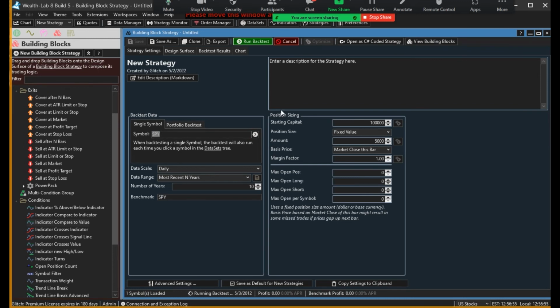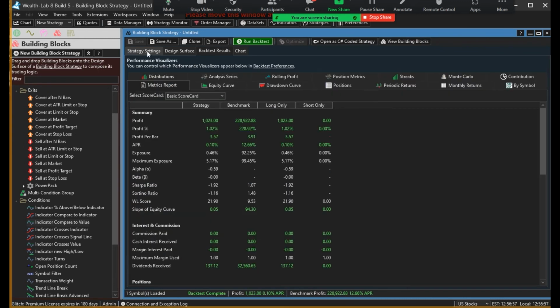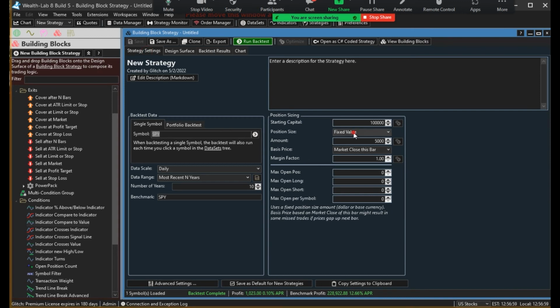And let's change our position size also. Can you comment on preference of, for backtesting purposes, whether to use fixed amount or percentage of equity? What's your own experience? I typically use percent of equity, unless it's one that I'm trading.